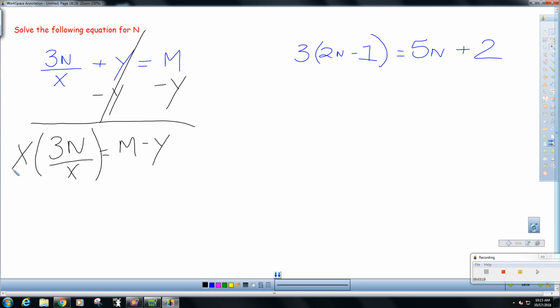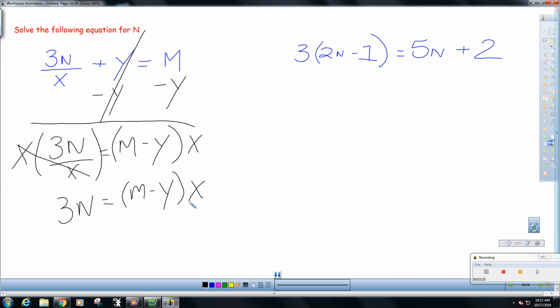Fraction haters, unite. Okay? So you have 3n equals m minus y all times x. Now, you could distribute that. It would not be wrong. I am going to choose not to distribute it, but there's no right way to do it. There's just two different correct answers.